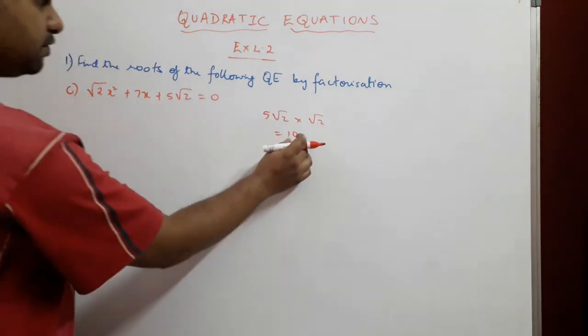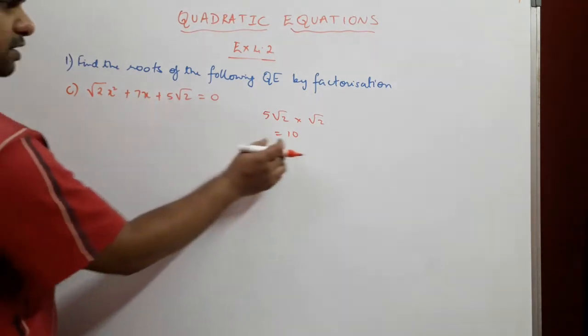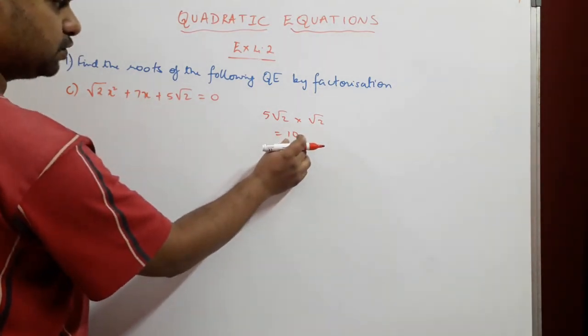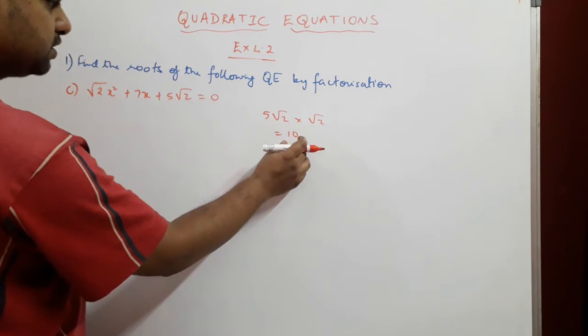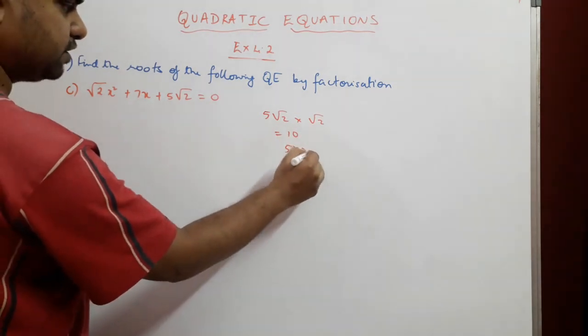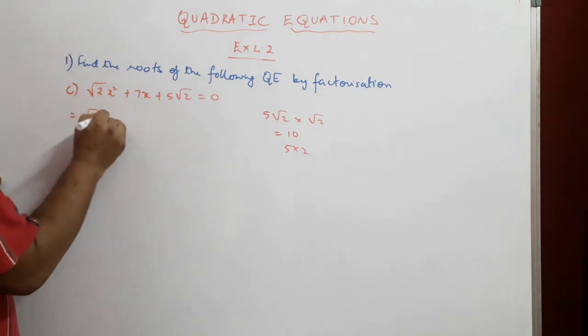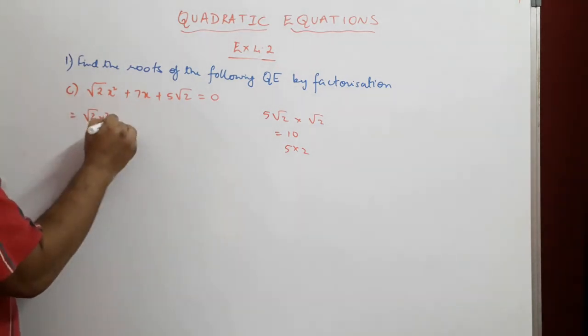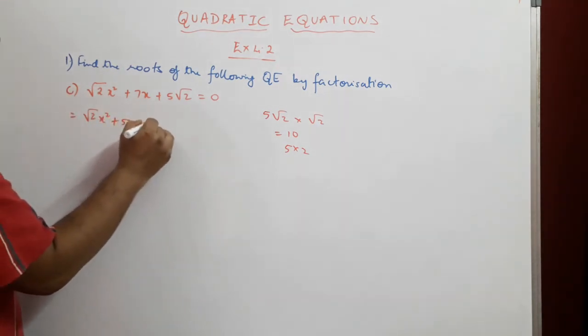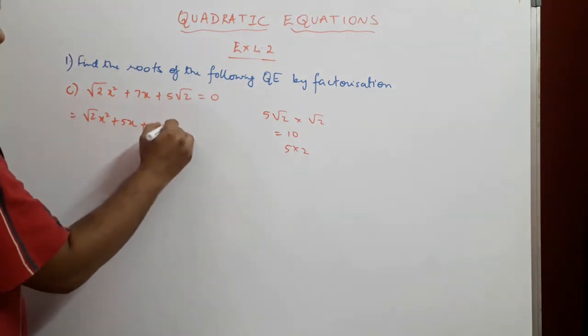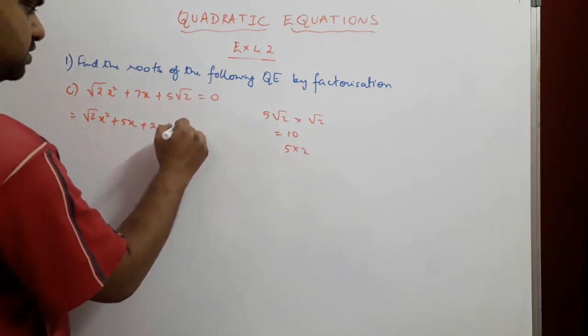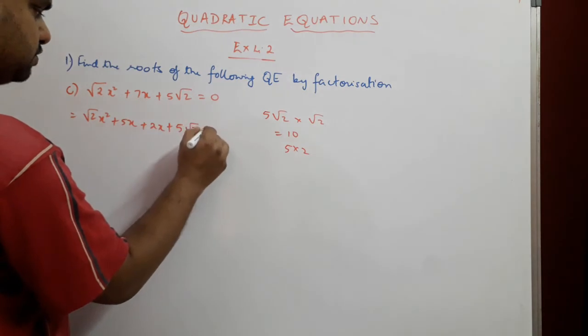Okay, so the middle term has to be a sum of the two numbers. So which will be obviously 5 into 2. So we'll put this as root 2 x square plus 5x plus 2x plus 5 root 2 equal to 0.